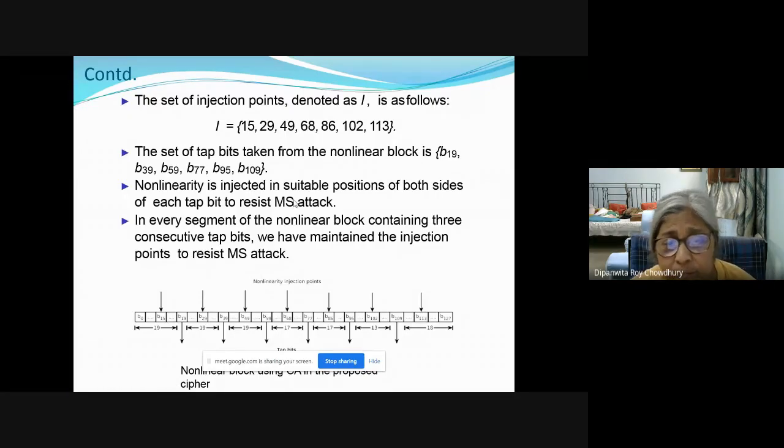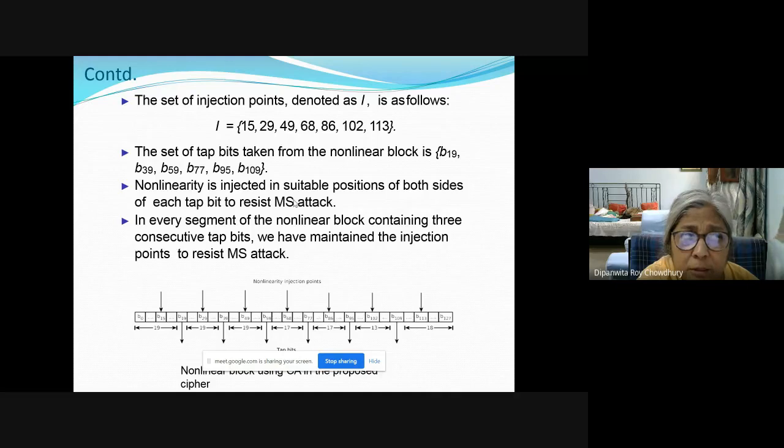Wolfram proposed that rule 30 may be a very good rule to be used in cryptography, because rule 30 is a non-linear rule, with XOR and OR.